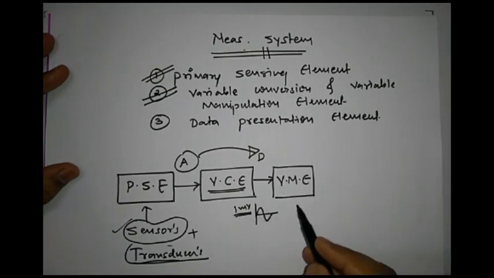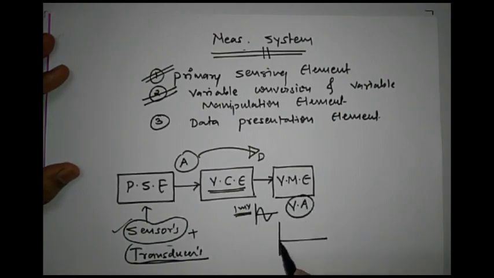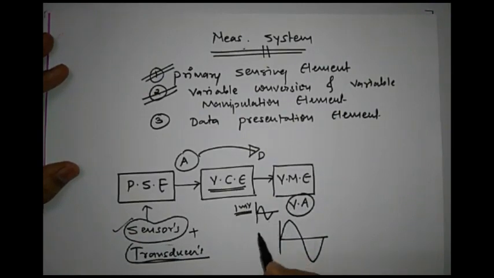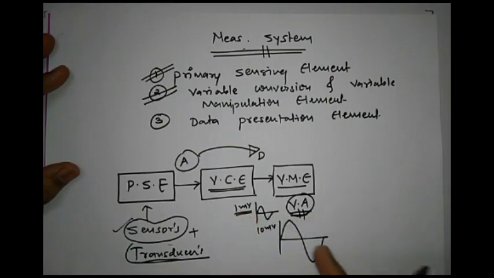So we need to use a voltage amplifier circuit, with the help of which we can increase its magnitude from 1 millivolt to say 10 millivolt. So in this case, the voltage amplifier will act as the variable manipulation element. It is not at all necessary that we always need to increase the value of the input signal from 1 millivolt to 10 millivolt. I am just giving an example.